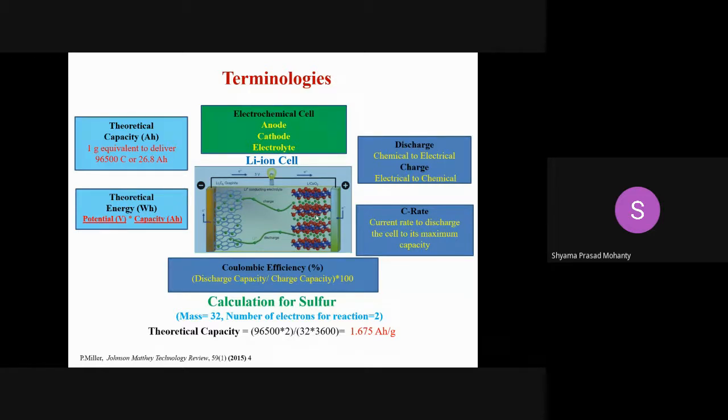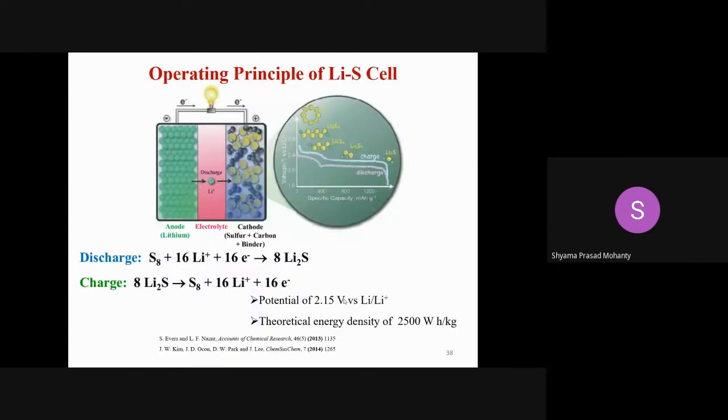Whereas in the case of conversion type electrodes, your sulfur will be reacting with lithium to form lithium sulfide, and you can get more capacity in those kinds of cells. It is about 5 times what we can achieve in lithium sulfur cells as compared to lithium ion cells. During discharge, you have this cathode which is fabricated using sulfur, carbon, and some binder.